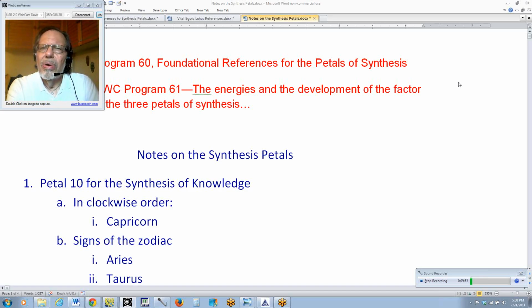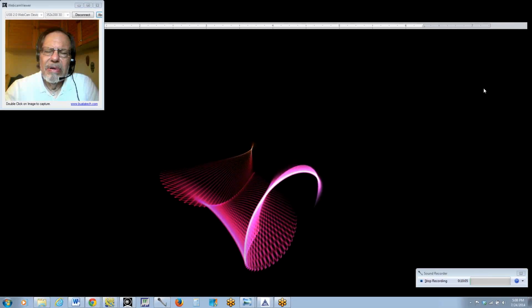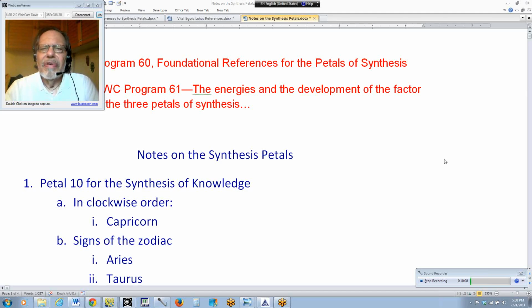Although these petals are related to the spiritual triad, they're not yet on the plane of the spiritual triad where the mind of God, the love of God, and the will of God are somehow made clearer to us, and we are participating in them.